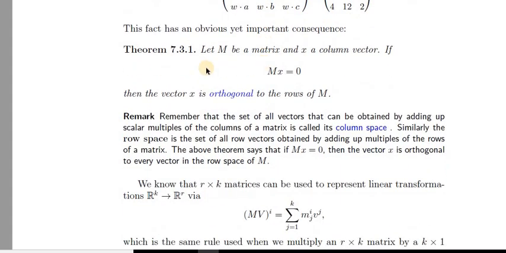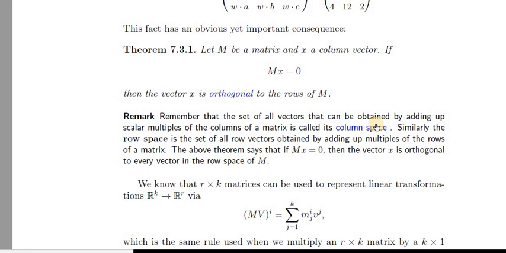Here we have the definition of orthogonal. If we have a matrix M and a column vector X, and Mx equals 0, then X is orthogonal to the rows of M. The set of possible outputs when you multiply a matrix times a vector is called the column space, which is a vector space.